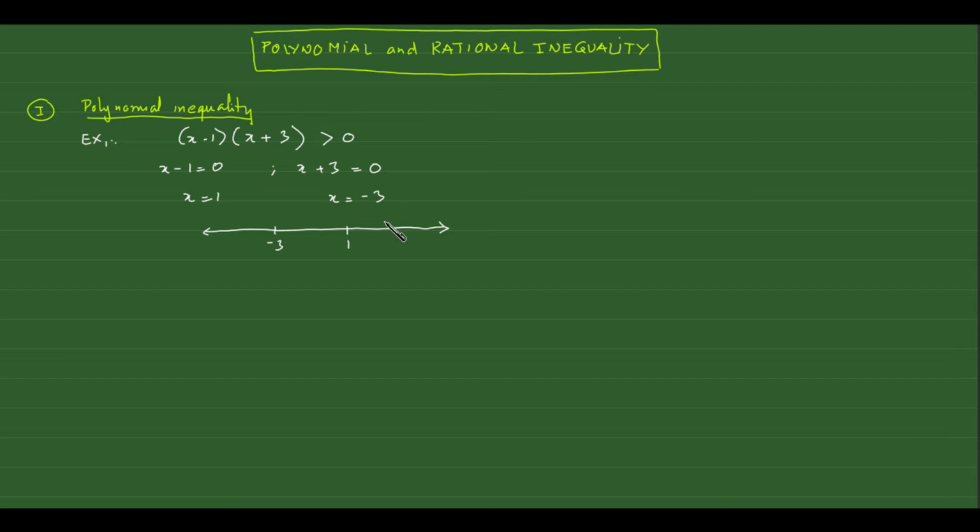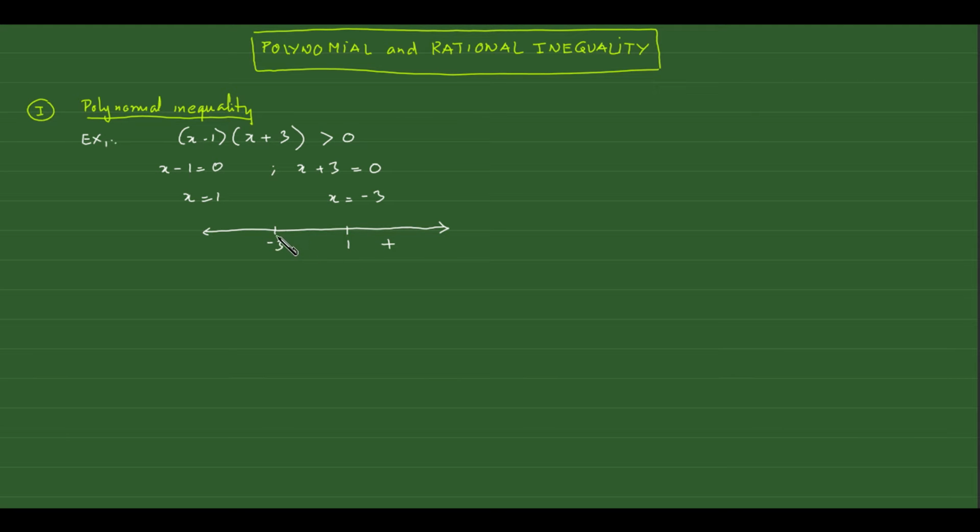Now we're going to pick one number in each interval, in each part. Then you plug into the original inequality, and you see which one satisfies the greater than sign right here. So first of all, I pick 2 over here, right? I plug 2 in, which gives you positive.